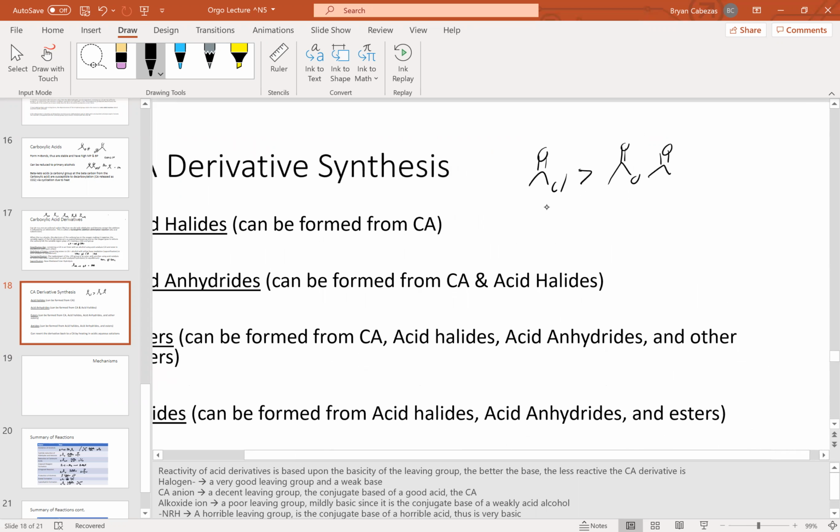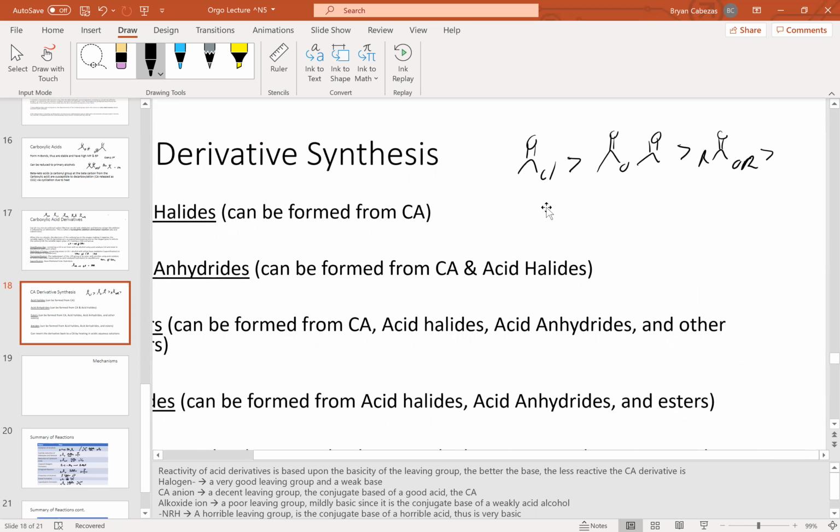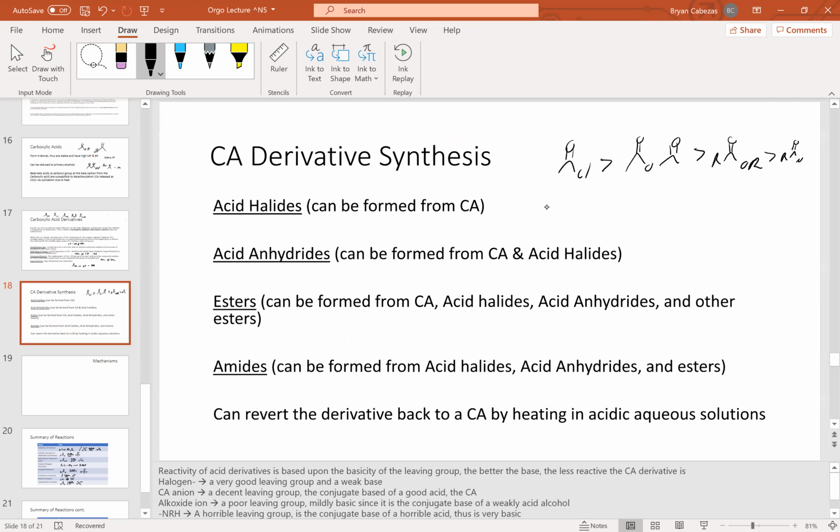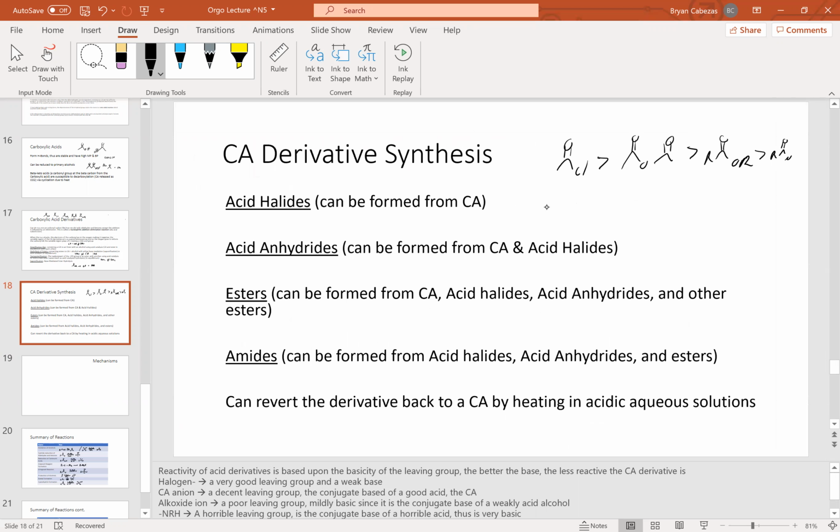Okay. And then next in reactivity is your R double bond carbonyl group ester. And then lastly, the least reactive or the most stable would be your R N, your amide. So how do we determine if something is reactive or not? Well, basically, we just have to look at the removal of your group and what it would look like in terms of stability.